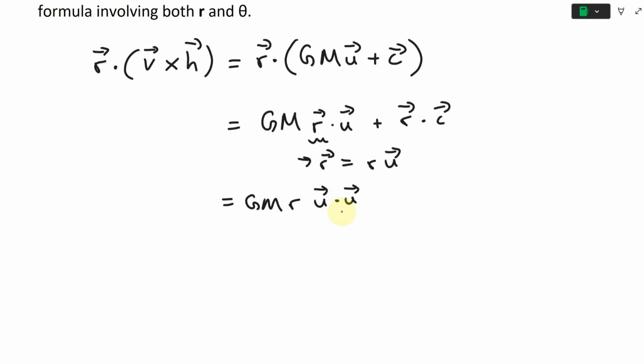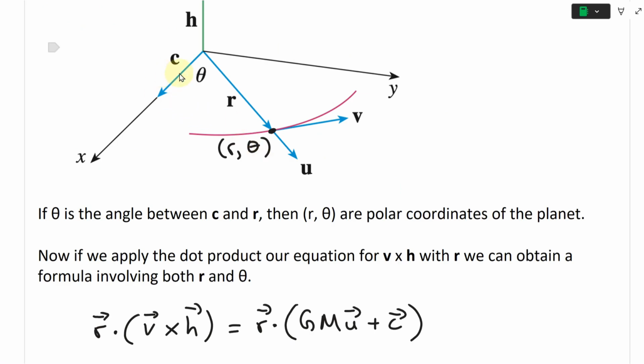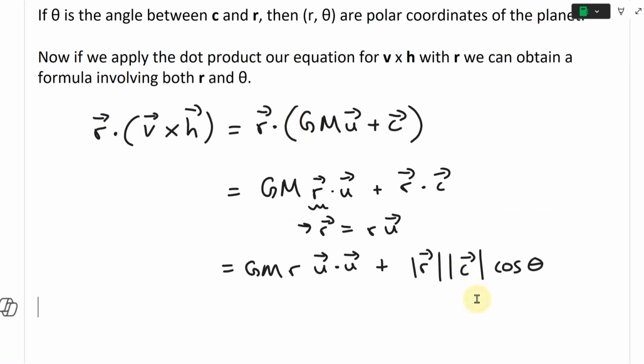We did this already, and also the unit vector length. Then plus this part here, r dot c. That's just going to be the magnitude of r times the magnitude of c times the cosine of that angle. So now we have that angle between c and r, which was the whole idea, and that's how we can write it in this equation.